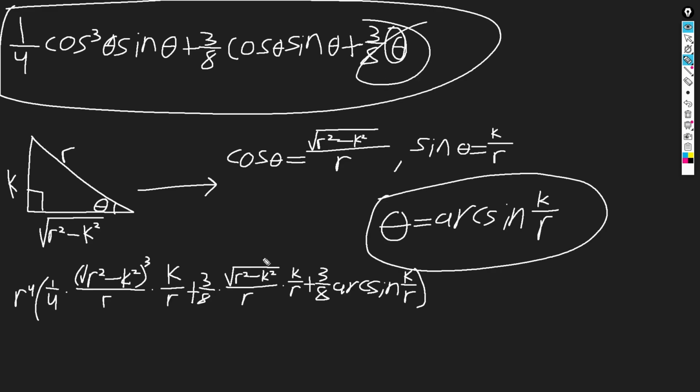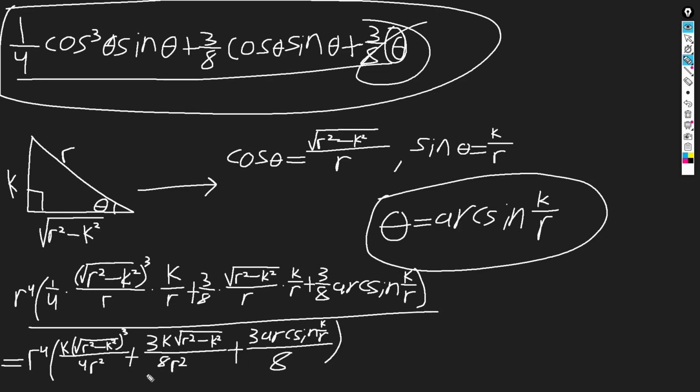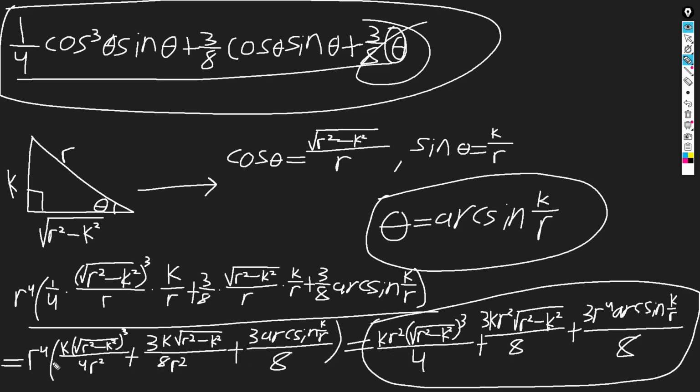And since before we had the integral simplified to r to the 4th times the integral of cos to the 4th of theta d theta, which is this, we'll just multiply this by r to the 4th and substitute these in, and we get this, which simplifies to this. And if we distribute the r to the 4th, we get this whole thing.